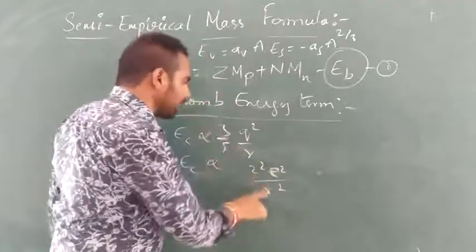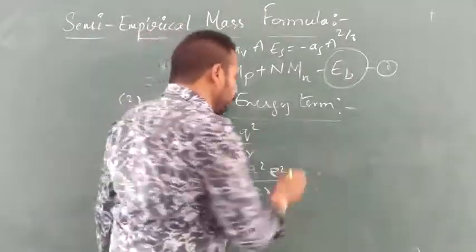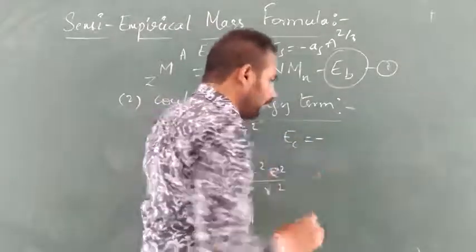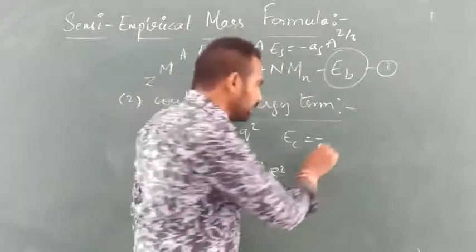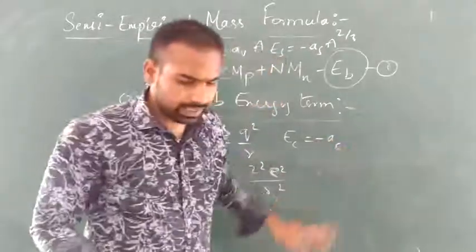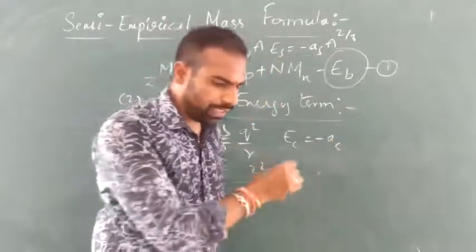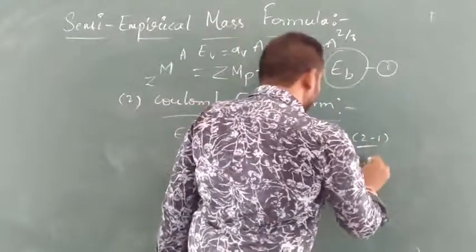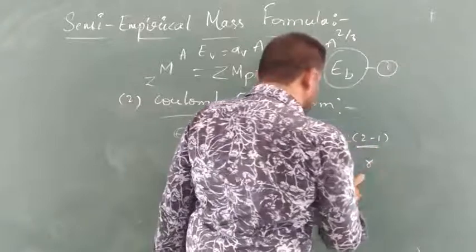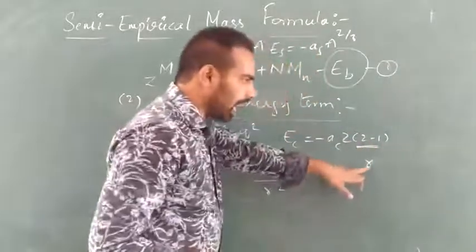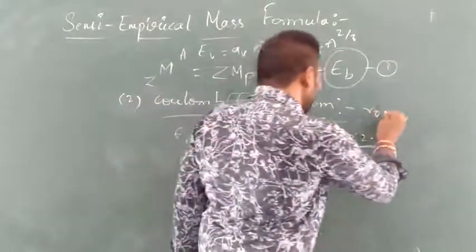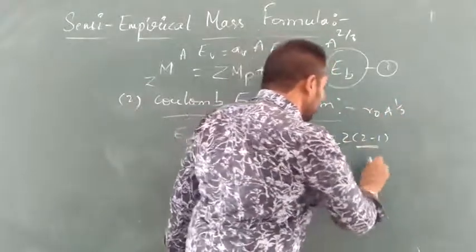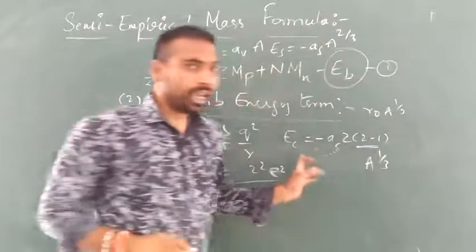So Z square e square by R square, and by modifying we get EC is equal to minus AC Z into Z minus 1 whole power. Here R is nothing but R naught A power 1 by 3, isn't it? This is a constant, we know it. So we will get A power 1 by 3.